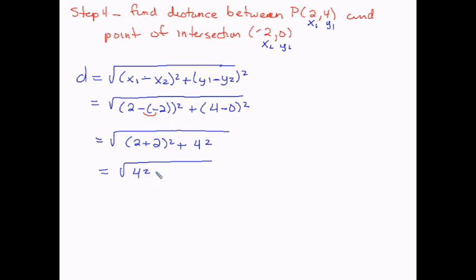So I get 4 squared plus 4 squared, which is 16 plus 16, which is the square root of 32. And that is about 5.66. And so that's the distance between the point P and the line L. Here's my final answer.